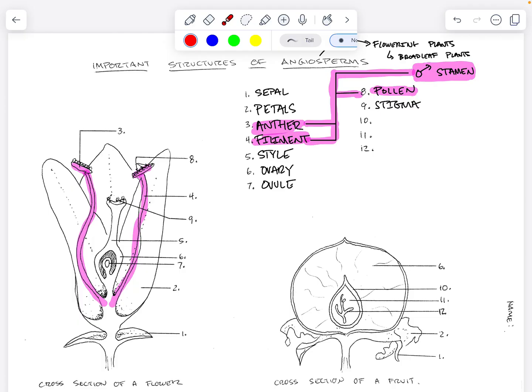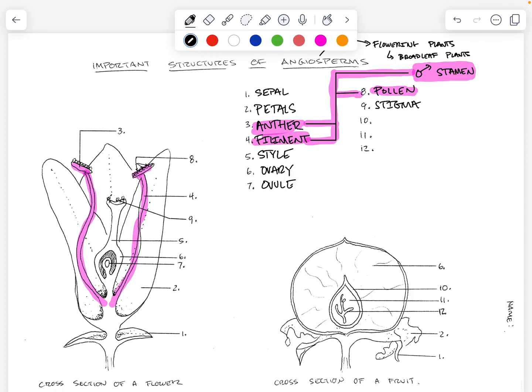So for example, in an oak tree, an acorn, which is the fruit of the oak tree, just contains one ovule, one seed, but apples, which are the product of apple tree flowers, have many seeds in them, like probably 10, and so they would have 10 ovules.